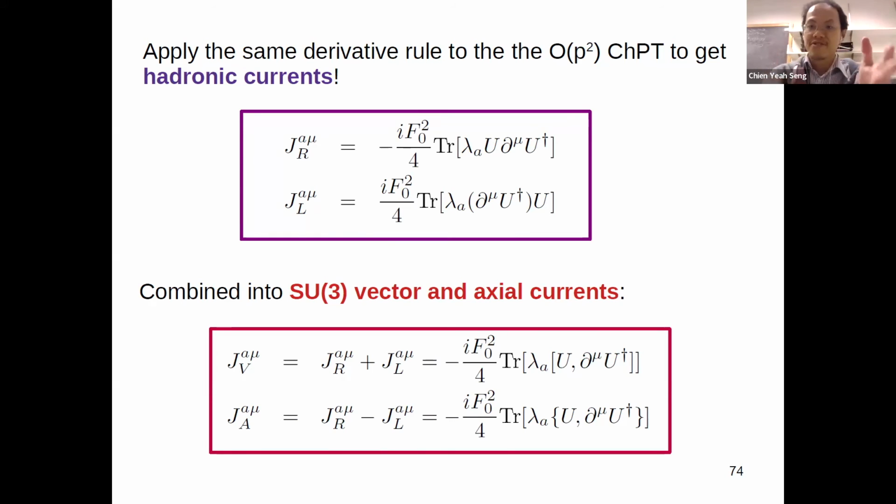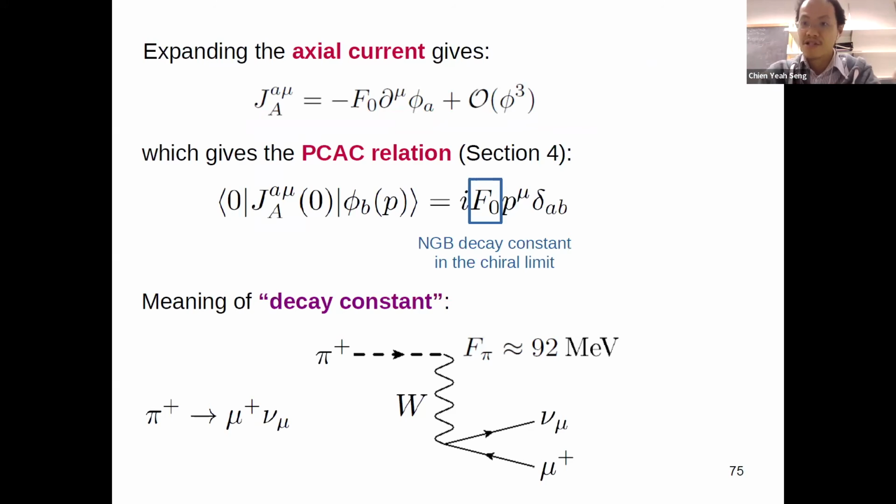So one thing to study using this hadronic form of the conserved current is the so-called partially conserved axial current we have mentioned in the previous section.